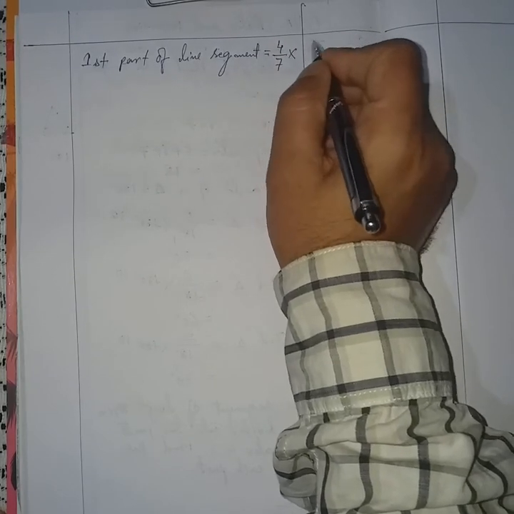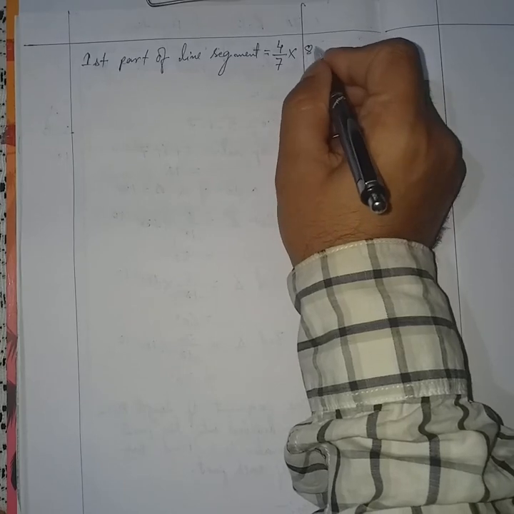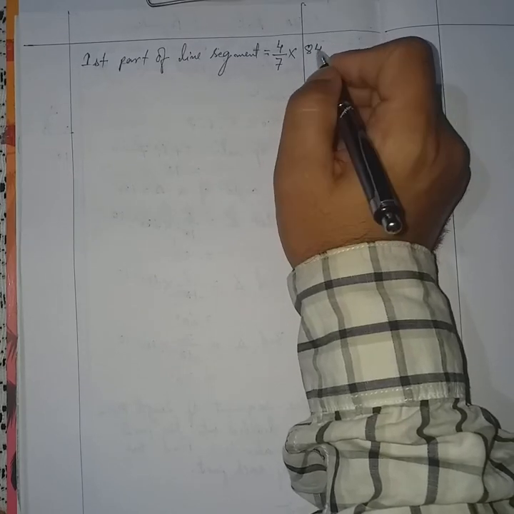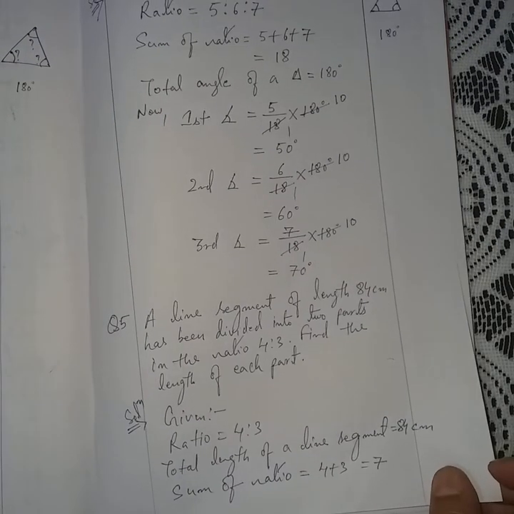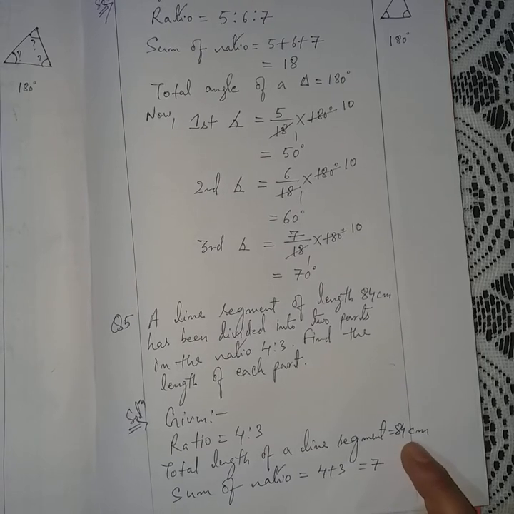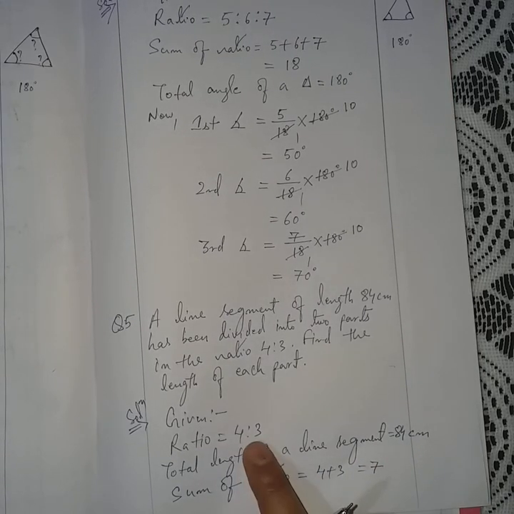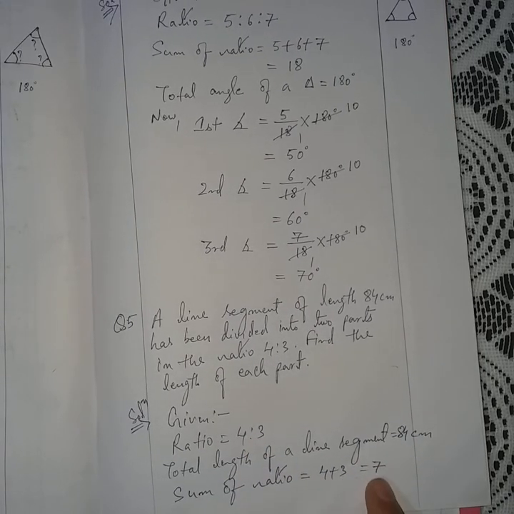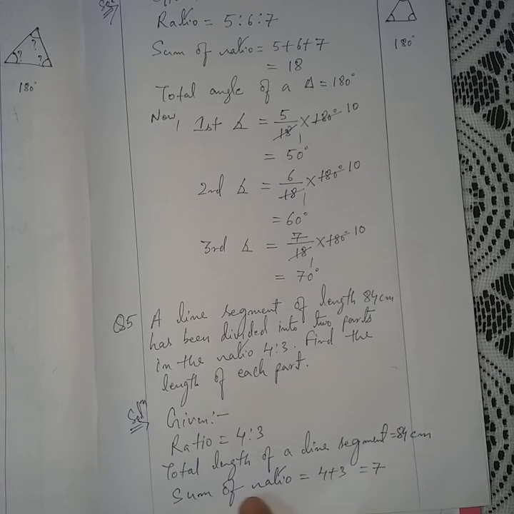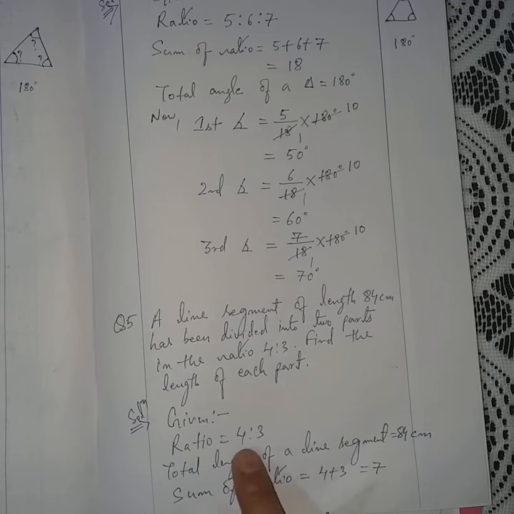Total length of the line segment is 84, isn't it? We can see here the total line segment is 84, ratio is 4:3, and sum of ratio is 7. So to find the first part of the line segment, we will take 4 by 7 into 84. Yes or no?